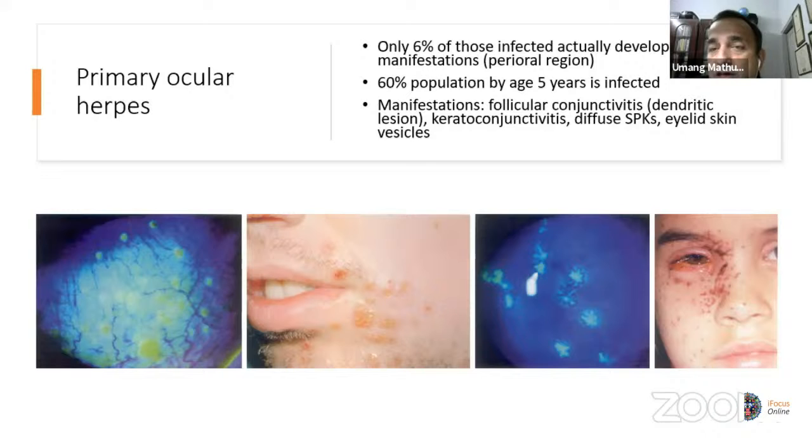We all harbor the HSV virus. We are just fortunate that only some people manifest the disease. So primary HSV can present with these multiple dendrites, even on the conjunctiva. I've just seen a few patients of this. Most of the time it's self-limiting and the patient doesn't come to you.